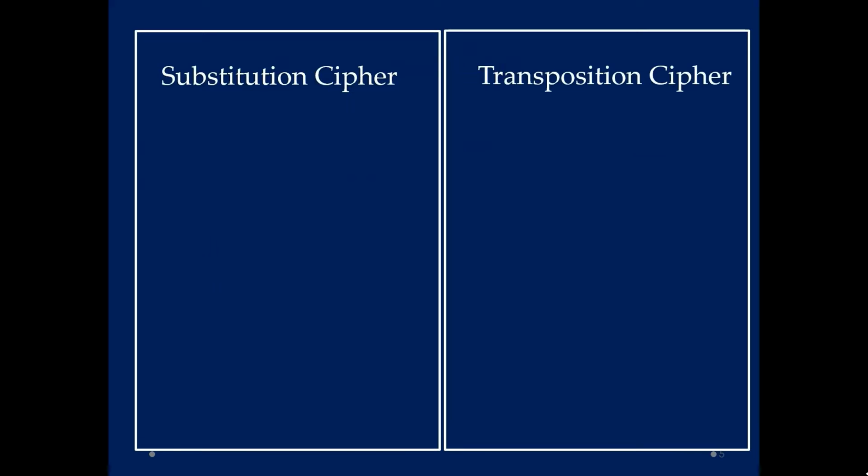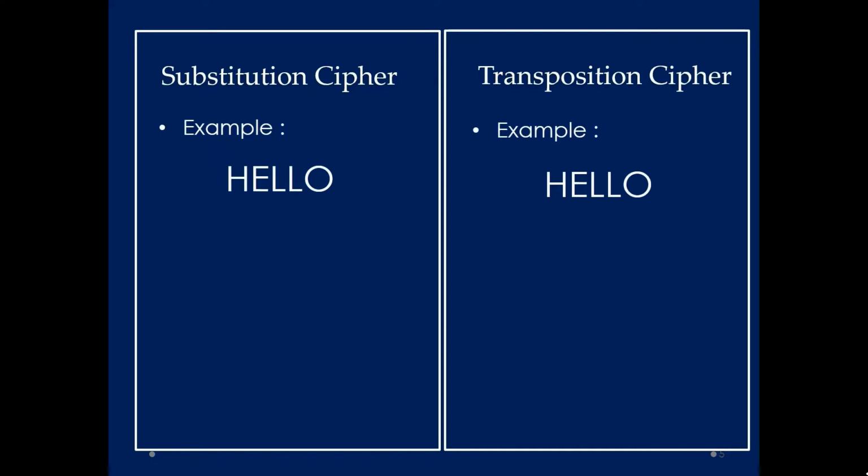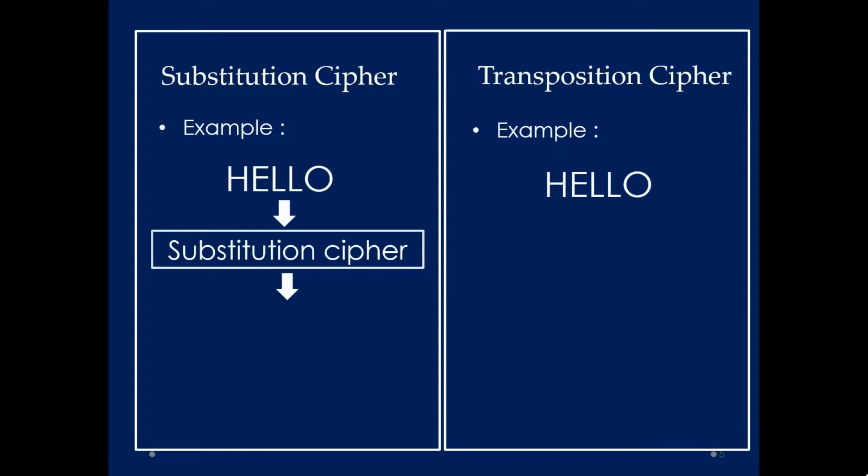I shall explain this with the help of an example. Let me say I've got a word hello which I want to transmit to the receiver. This is the secret word which the sender wants to send to the receiver. First, let us say we are using a substitution cipher to encrypt this and send. So what does a substitution cipher do? A substitution cipher takes each letter of the plain text and substitutes, that is, replaces it with another letter.